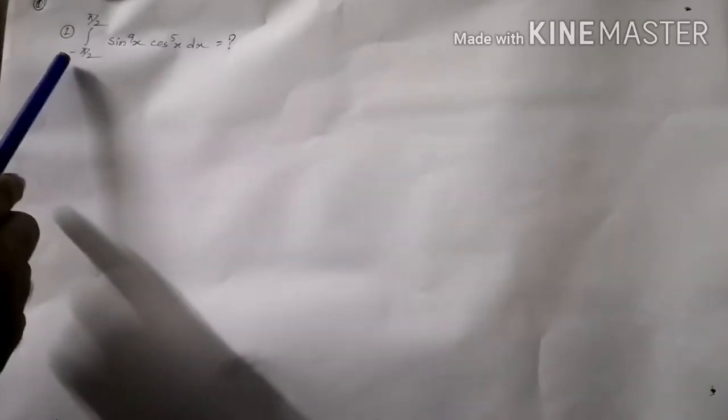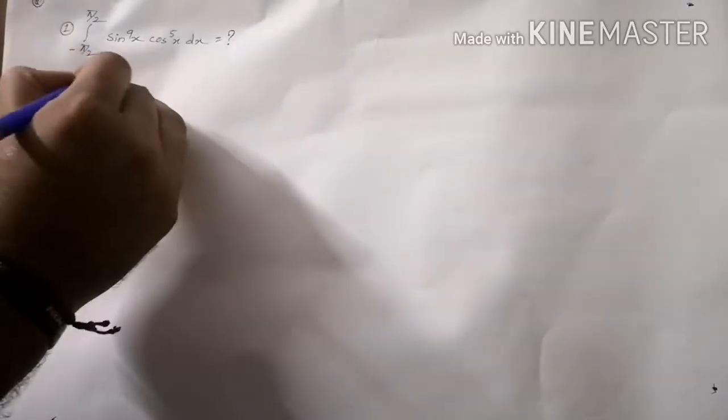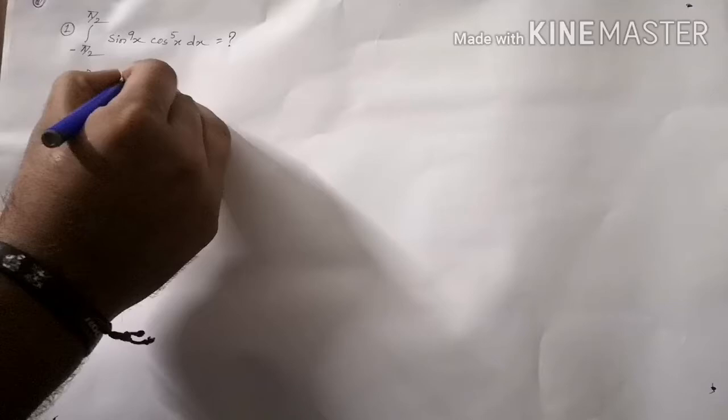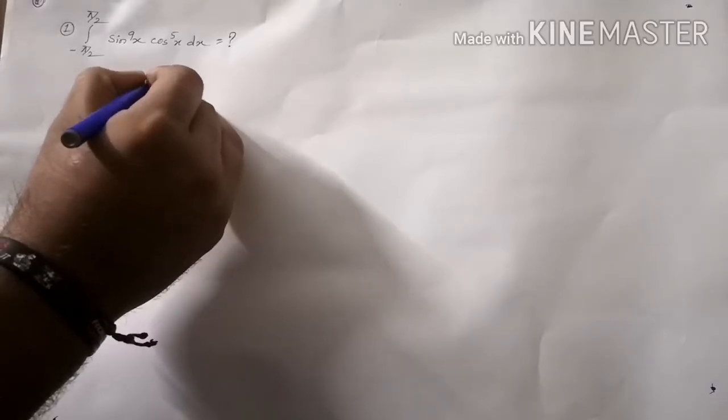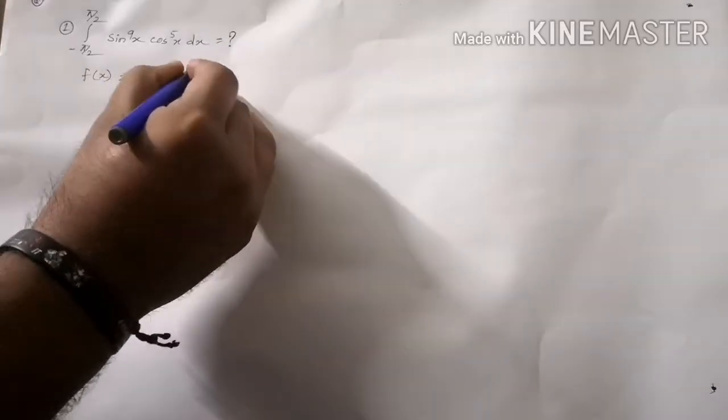So this is the first question of definite integration. Here integration minus pi by 2 to pi by 2 sin to the power 9x into cos to the power 5x dx equal to how much? Now we take f(x) equal to sin to the power 9x into cos to the power 5x.